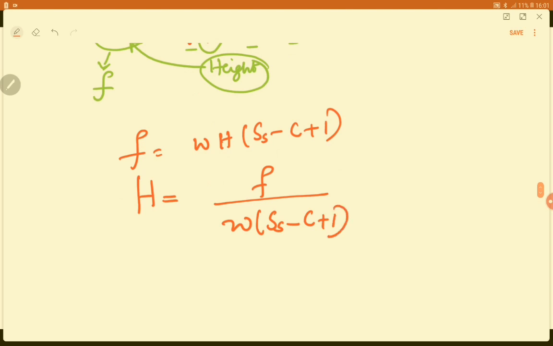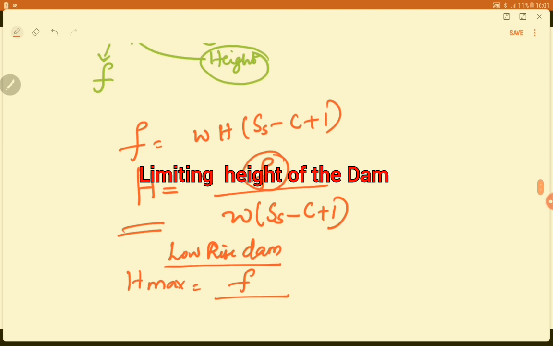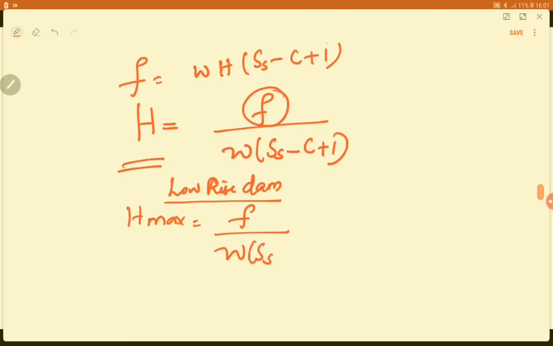Okay. So, this value of H, that is the maximum possible height, so that the stresses are well within the allowable limits. That height is the height of a low rise dam. Okay, the limiting height H max, you can say it's equal to F by W into (SS plus 1) if C is equal to 0.